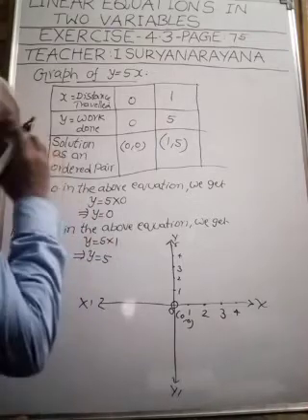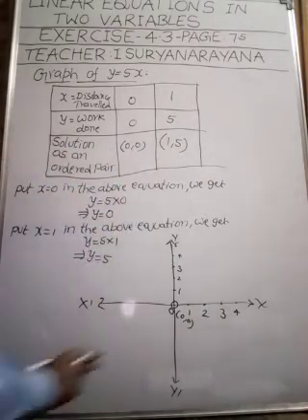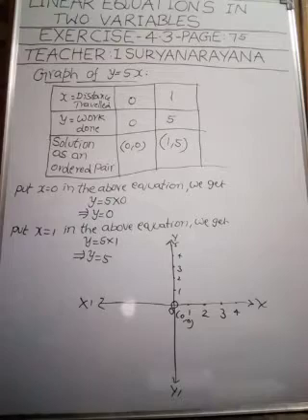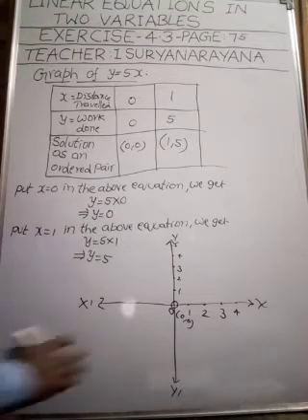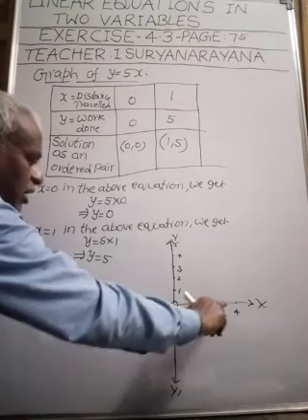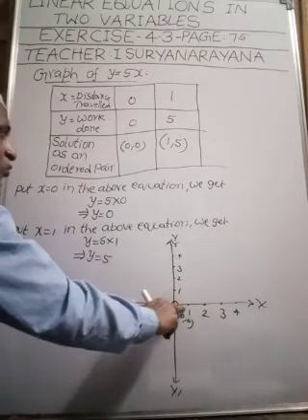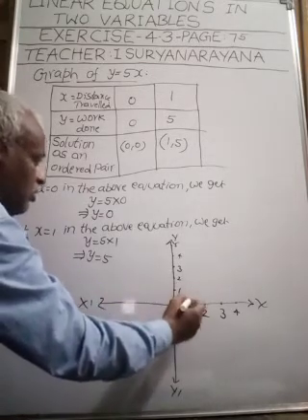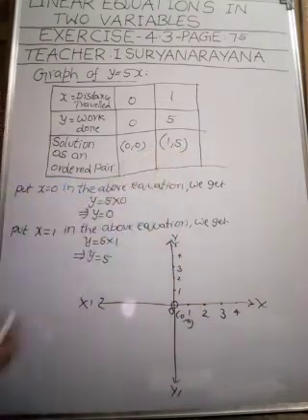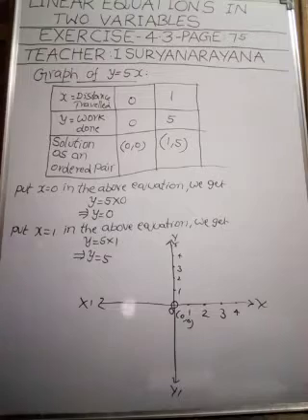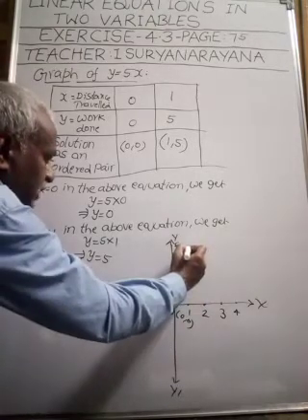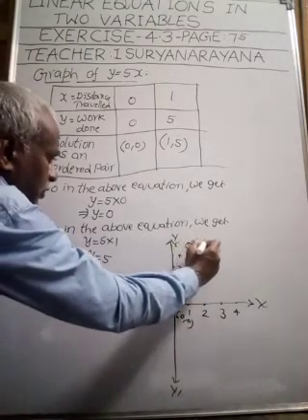So what is the x coordinate here? 1. So it is a positive value. So we have to move along the positive x-axis from the origin till 1 unit. After that we have to move up because the y coordinate is positive. So we move along the positive y-axis. How many units? 5 units. So like this 1, comma 5.